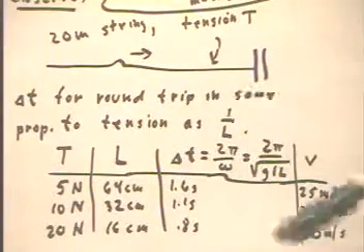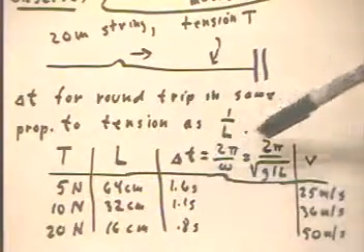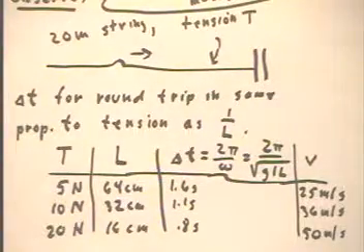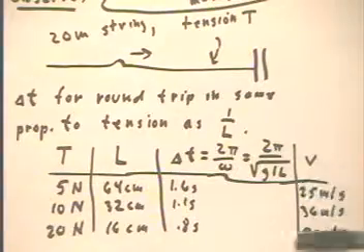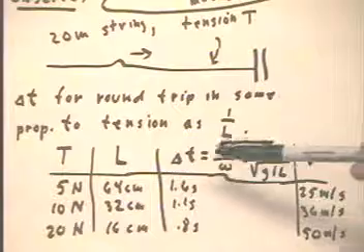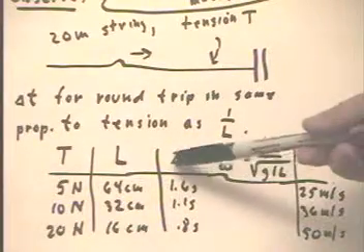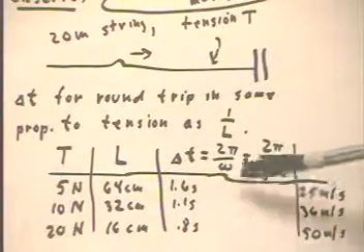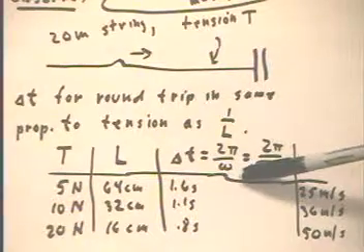Now, the delta T that we get here, the time interval between pulse returns, corresponds to the length of the pendulum. Remember that the delta T, the period of the pendulum, is 2 pi over its angular frequency omega.